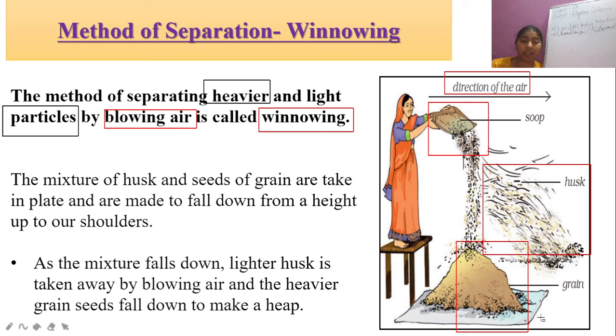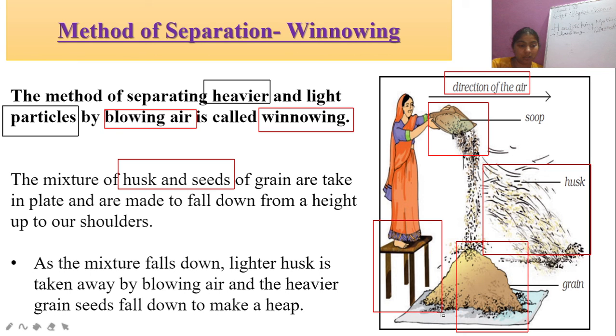You can see here a mixture of husk and seeds of grains is taken on a plate and made to fall from some height. You can see the lady is standing at some height on the table. So make sure there is some height, then you will do this activity. If there is no height, it is not properly separated.